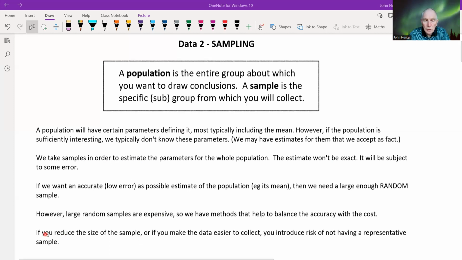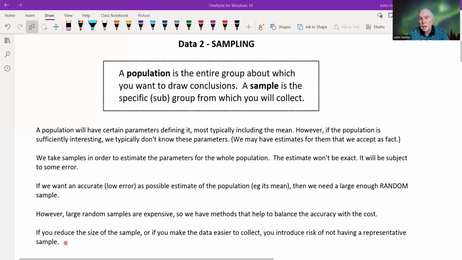Broadly speaking, if you reduce the size of the sample, or if you make data easier to collect, those are the two prime ways of reducing the cost of sampling, then you're introducing a risk of not having a representative sample.